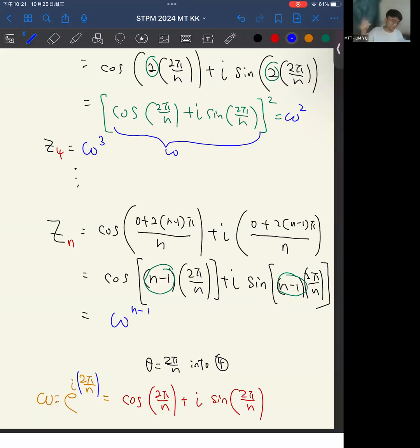Okay, show that 1 plus W squared plus dot dot dot plus W power n minus 1 equal to 0, using the sum of geometric series. What does it mean by using sum of geometric series?